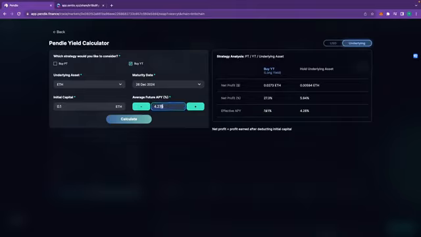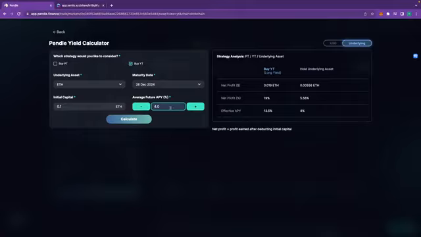If you think that Binance staked ETH yield is going to be even higher, like say 4.5%, you can also calculate and see your potential return. Or if you think that maybe the yield in the long term could only be like 4%, you can also calculate and see if it's worth it.